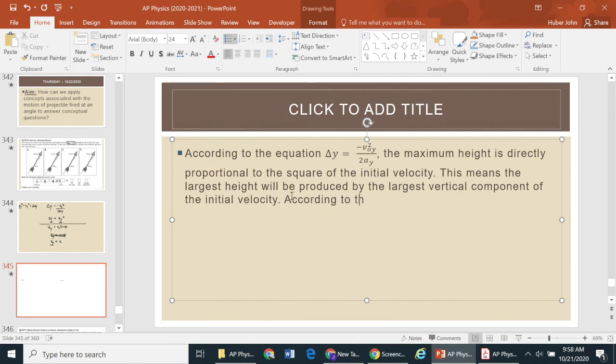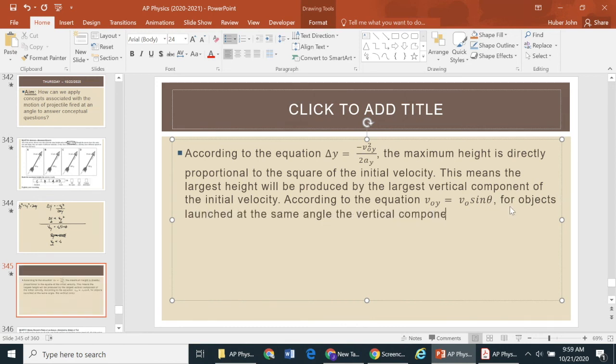According to the equation, v naught y equals v naught sine theta, for objects launched at the same angle, the vertical component of the initial velocity is directly proportional to the magnitude of the initial velocity.